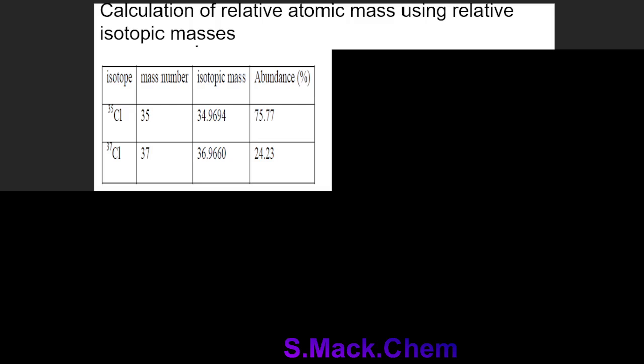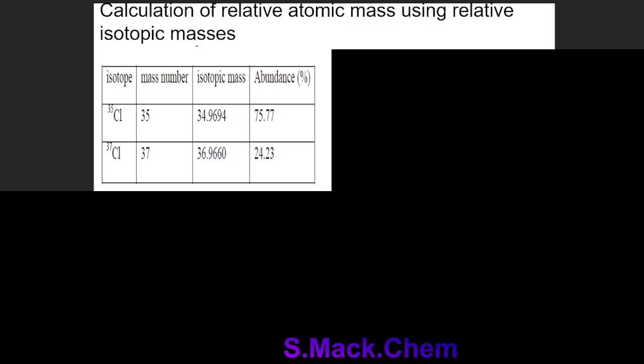The isotopic mass gives us the real mass of one atom of an isotope as compared to the standard reference of 1/12 the mass of one atom of carbon-12.